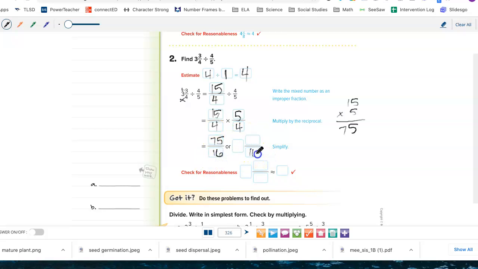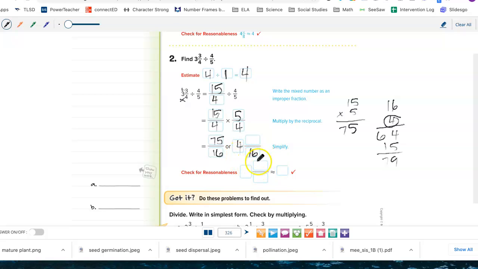So I know 16 is going to be my denominator, and I need to think how many times can 16 go into 75. So I'm going to try 16 times 4. And I get 64. Can I add another 15 and be under 75? No. So it's going to be 4 whole times.